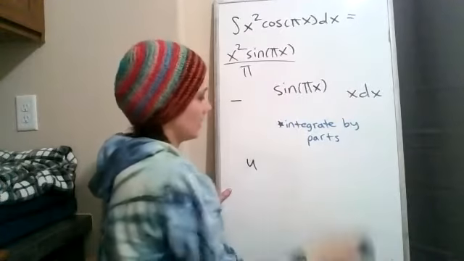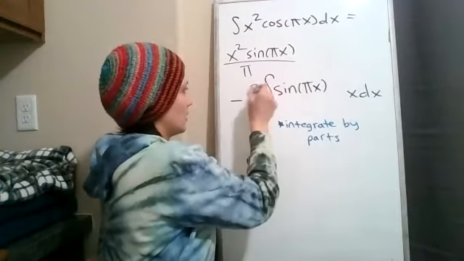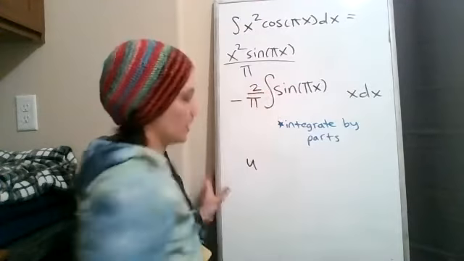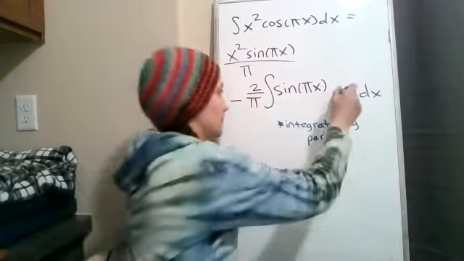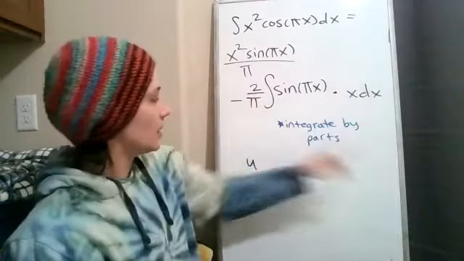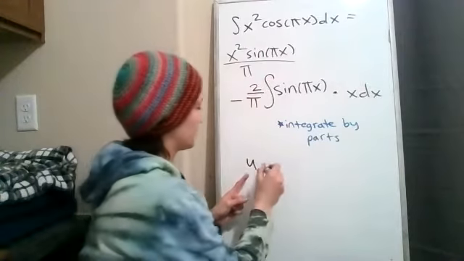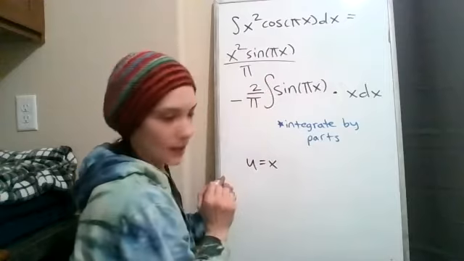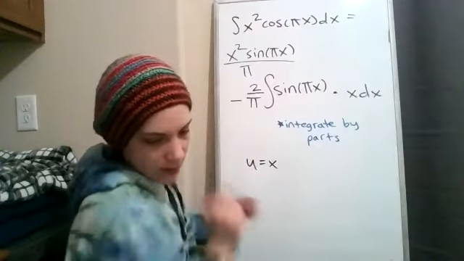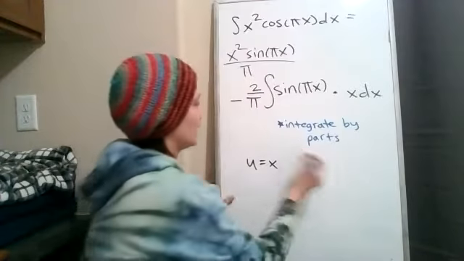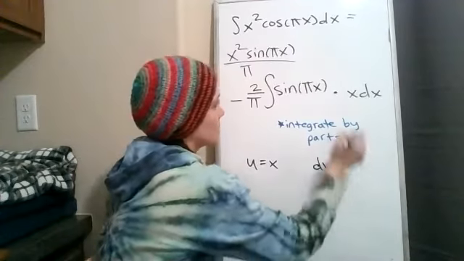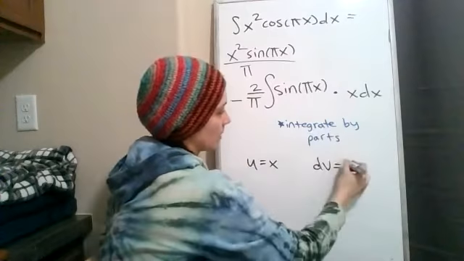So that's 2 over pi, the integral of sine of pi x times x dx. u will equal x. Okay, this is not so bad. dv is sine of pi x dx.